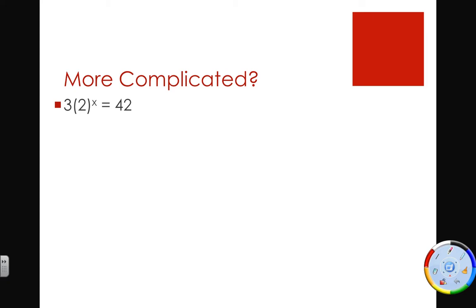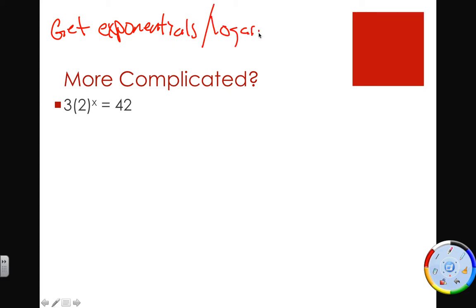All right, so 3 times 2 to the x power equals 42. Now I know some of you are going to want to use a logarithm right away because it's exponential, but you're not allowed to. You need to get exponentials or logarithms by themselves first.